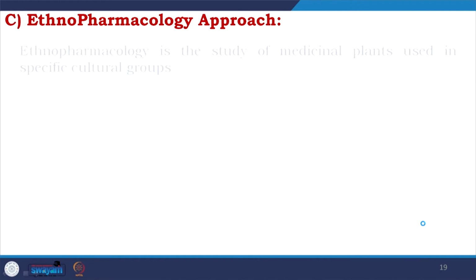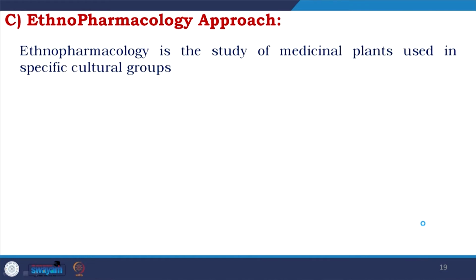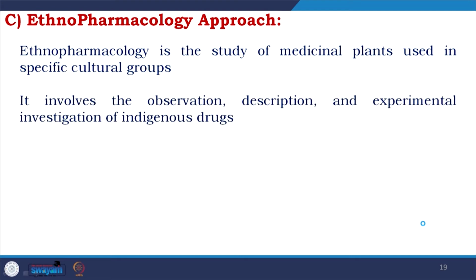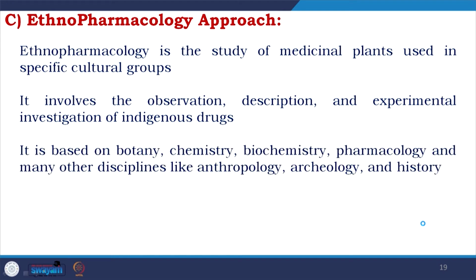Ethnopharmacology approach. Ethnopharmacology is the study of medicinal plants used in specific cultural groups. It involves the observation, description and experimental investigation of indigenous drugs. So, this is traditional, as I told, Ayurveda, Chinese traditional, African traditional medicinal practice.